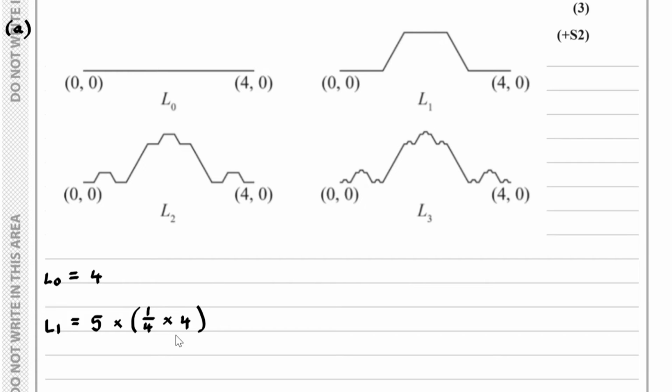And by the way, we were told that each length of these is equal to 1. 1/4 of 4 is equal to 1. So the length of L1 then is equal to 5.